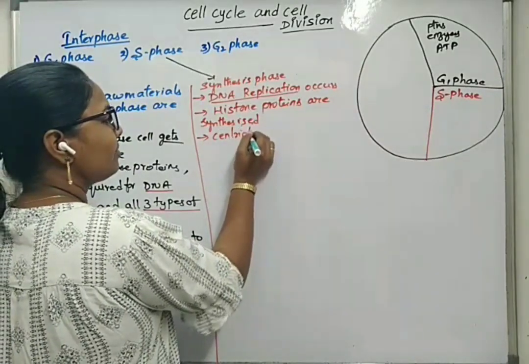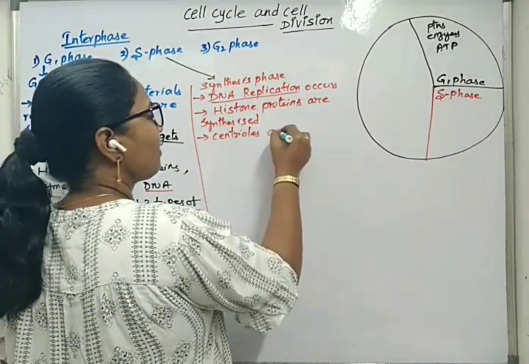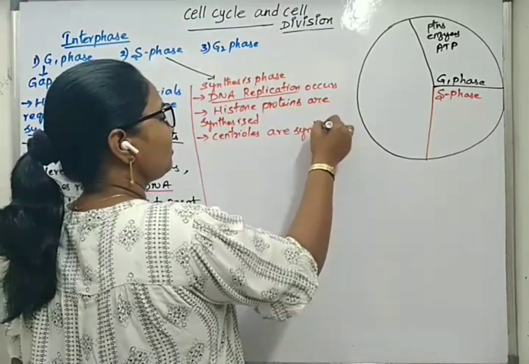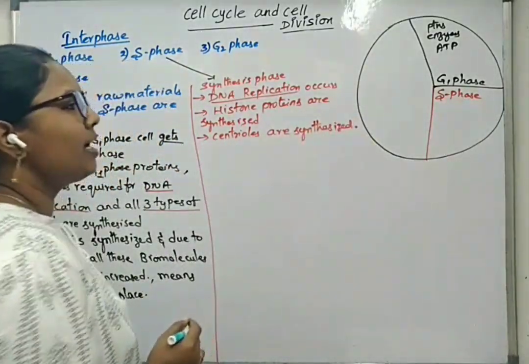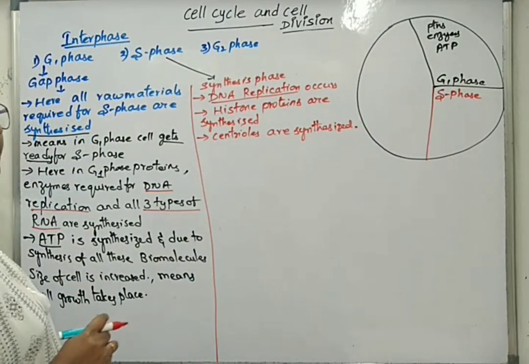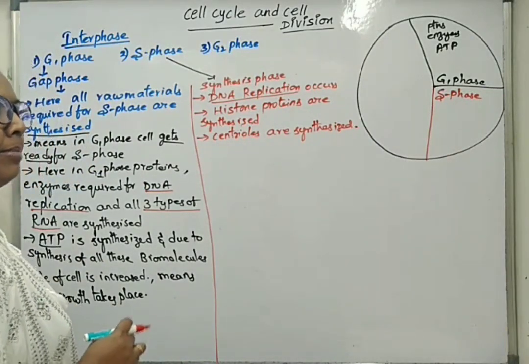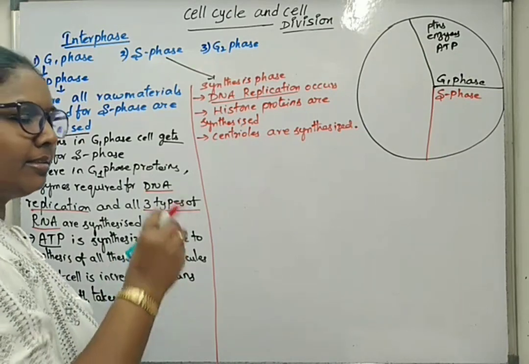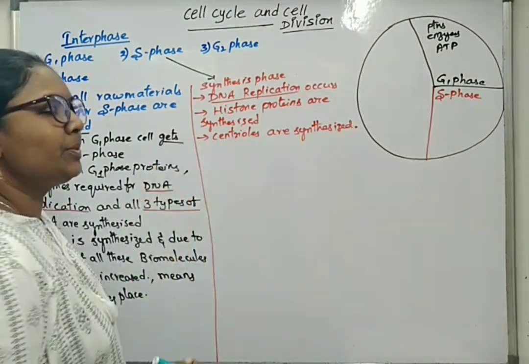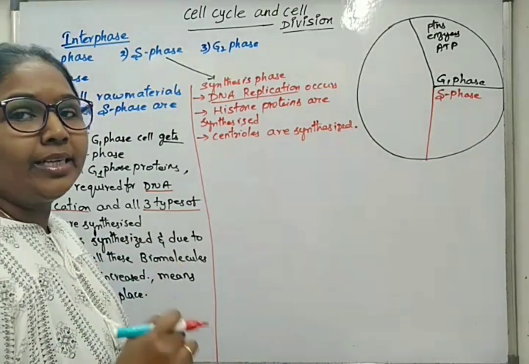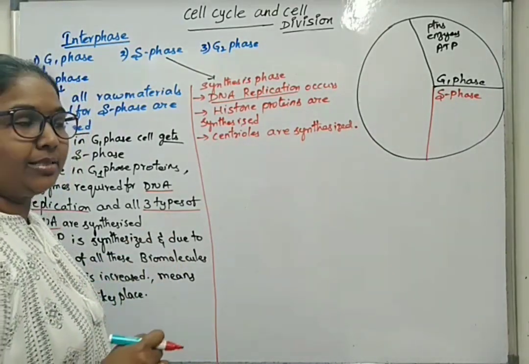Centrioles are synthesized. Centrioles are structures which are normally present outside the nuclear membrane, but during cell division, the nuclear membrane will disappear and these centrioles will form special types of proteins called spindle proteins or spindle fibers.